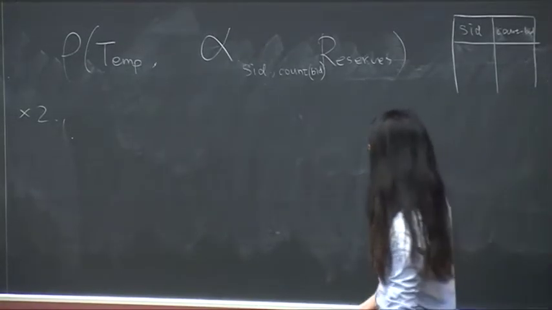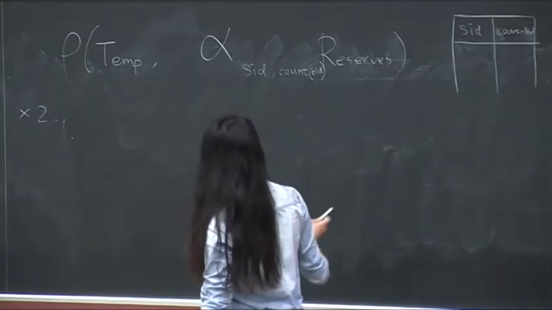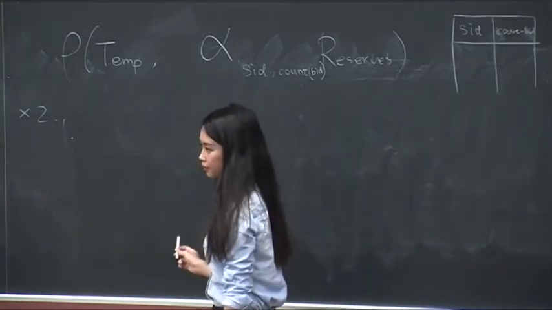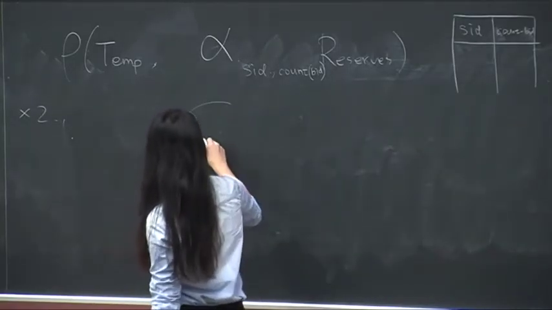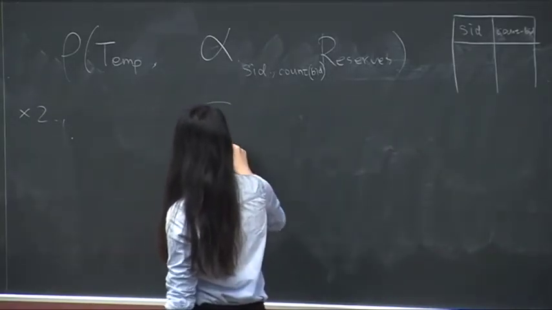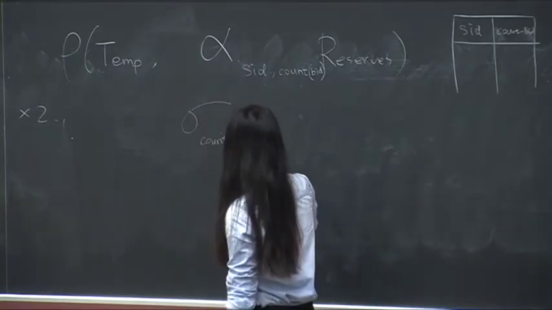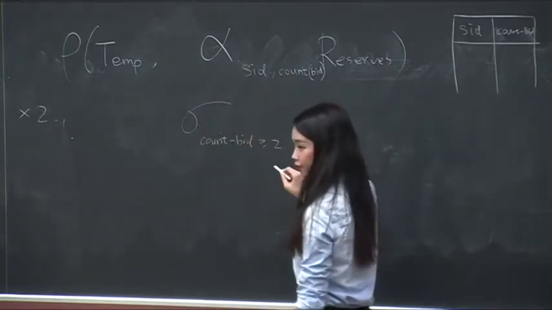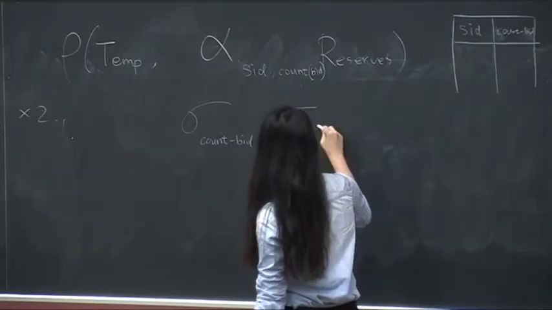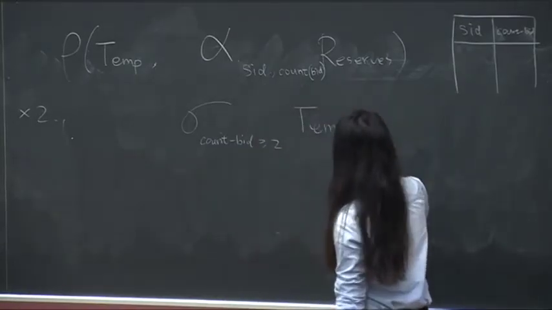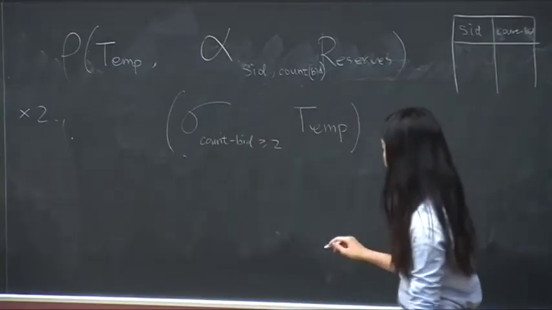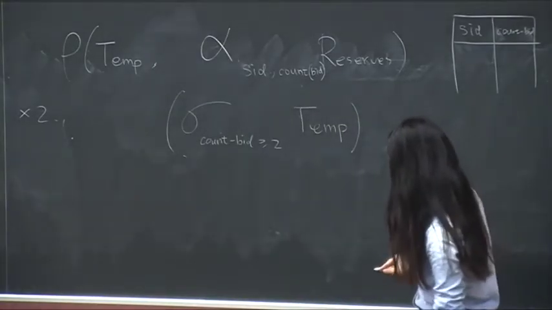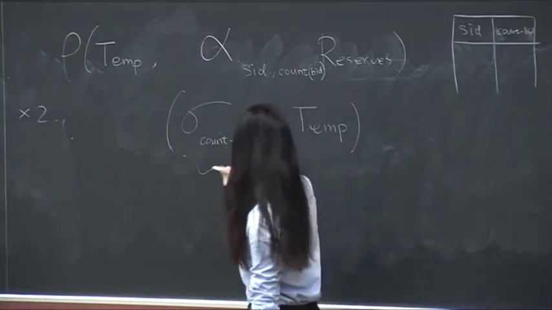Let's say we want to get the SID who have reserved more than 2 boats first. We have to select where the count of BID is greater than or equal to 2. Okay? And we select SID. But for now, this will give us still 2 columns, right?